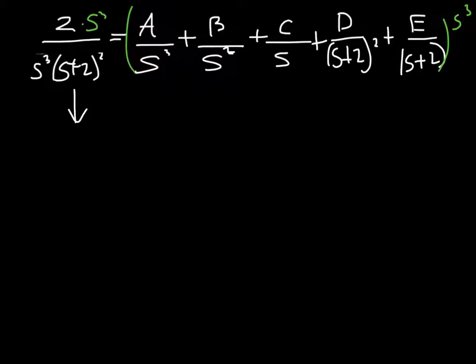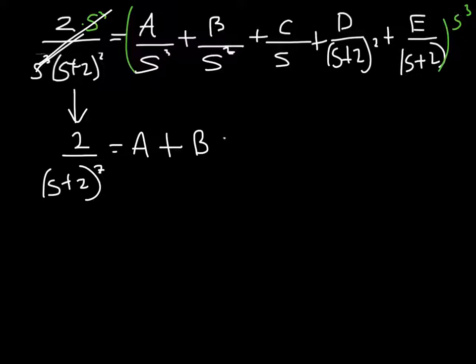Well, this is nice, those are gone, so I get 2 over s plus 2 squared equals, and then again, multiplying that s cubed in, we're going to get A plus, and then Bs, one s is going to be left over, plus Cs squared. And then when you multiply this guy times this one and this one, we already did these guys.